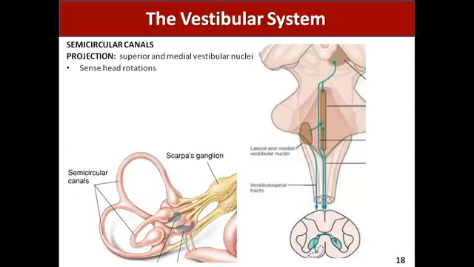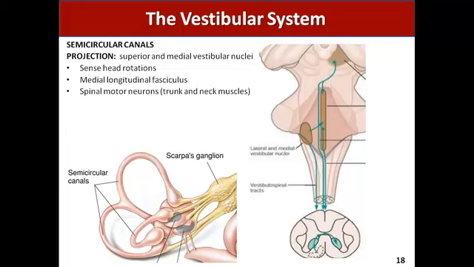With respect to the semicircular canals, these project to superior and medial vestibular nuclei. Their job, as mentioned earlier, they are particularly sensitive to head rotations in space, so around the three principal axes of rotation, and they will form part of what's called the medial longitudinal fasciculus, which is a cluster of axons that merges from axons from the visual system bilaterally at the brainstem level.